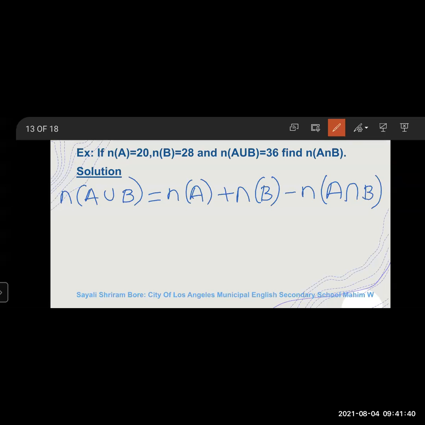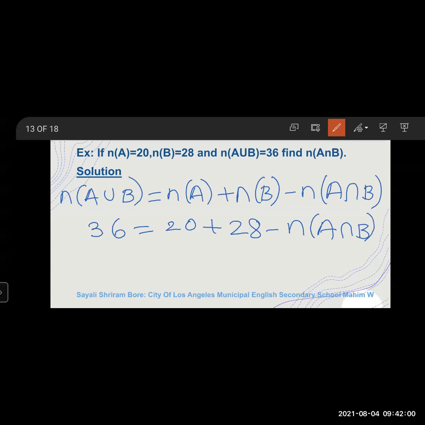Substitute: union is 36, is equal to 20 plus 28 minus, the part you have to find, written as it is.